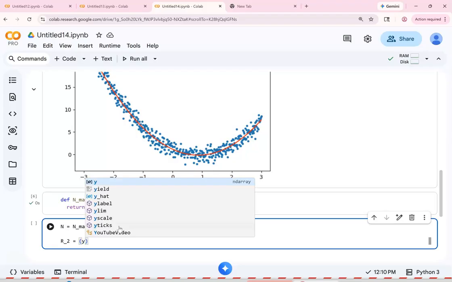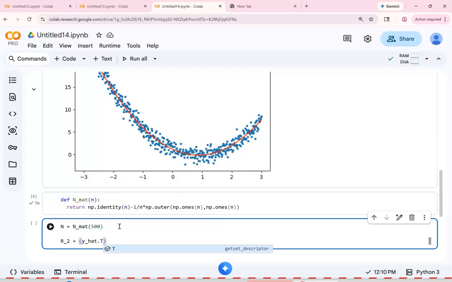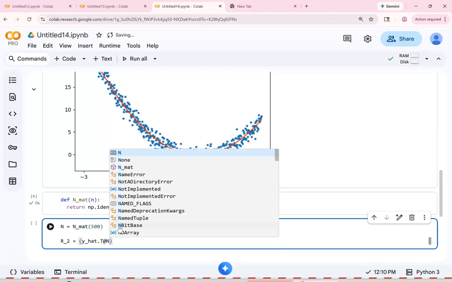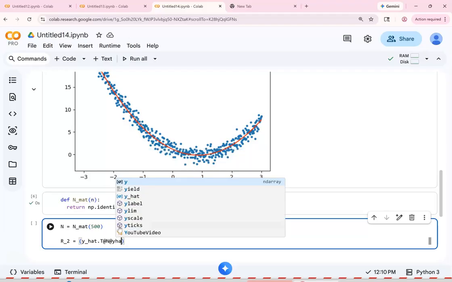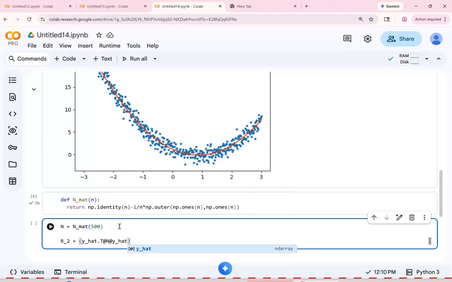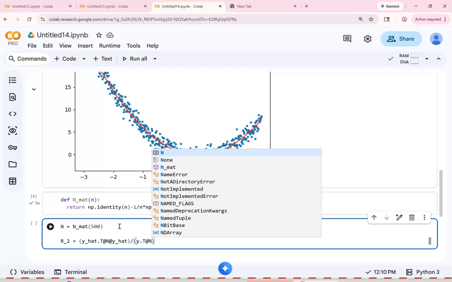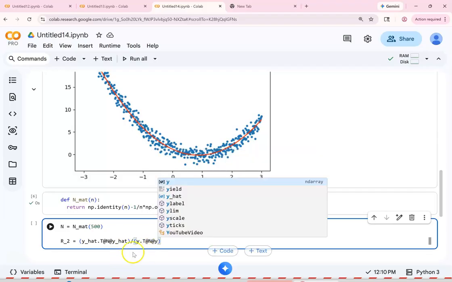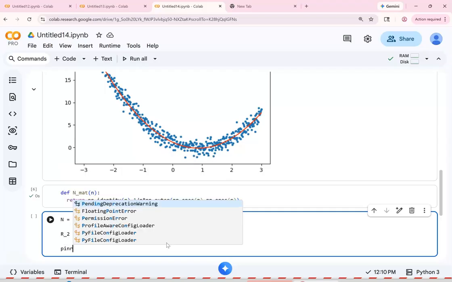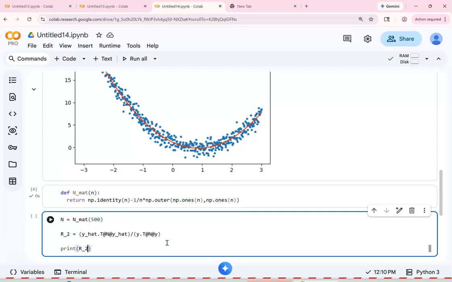SSR is our y hat transpose times n times y hat. And our SST is the y transpose times n times y.